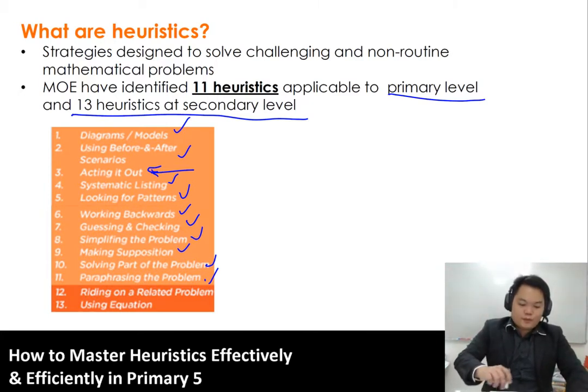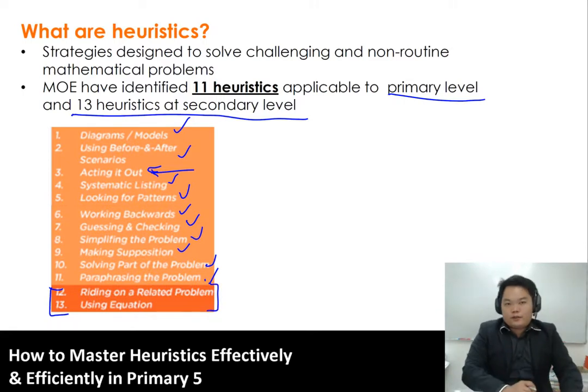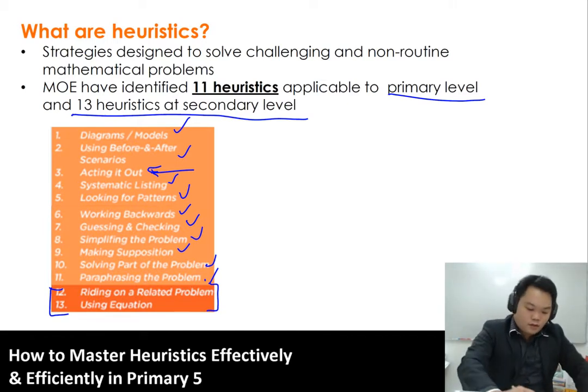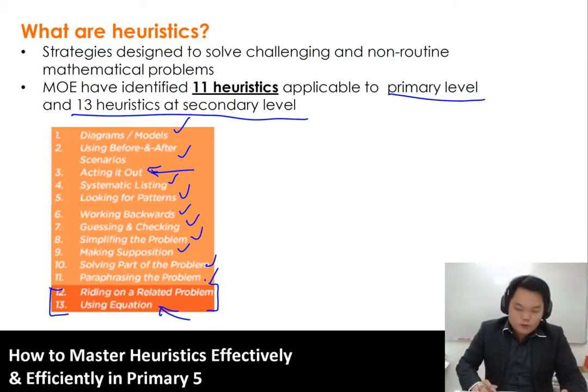Okay, so you can see that the last two heuristics are for the secondary level. It's on writing on a related problem and using equation. This is quite important, because the use of equation is not recommended at the primary level.